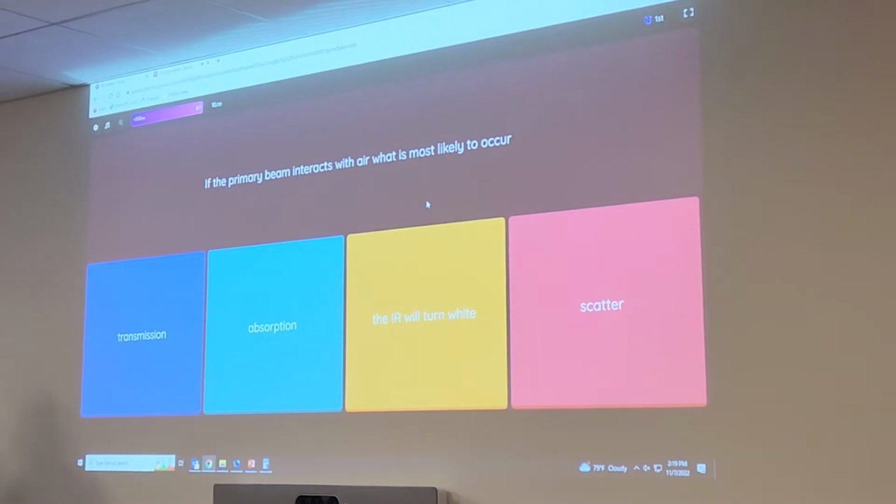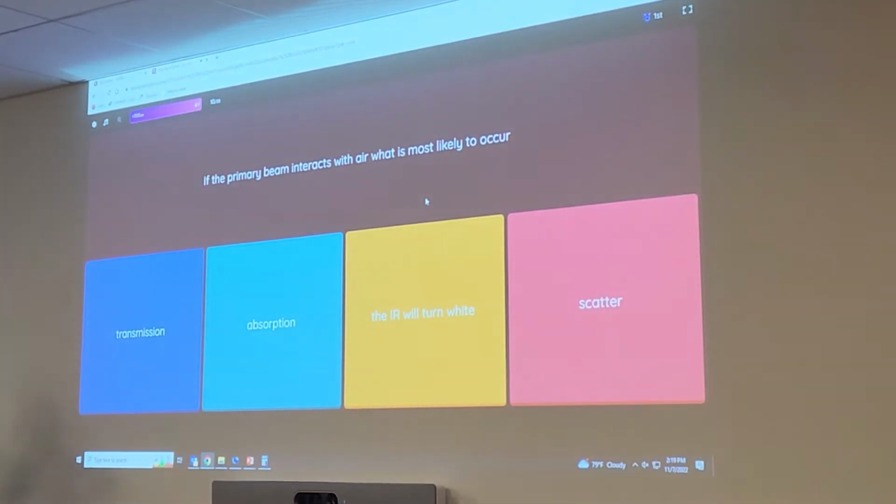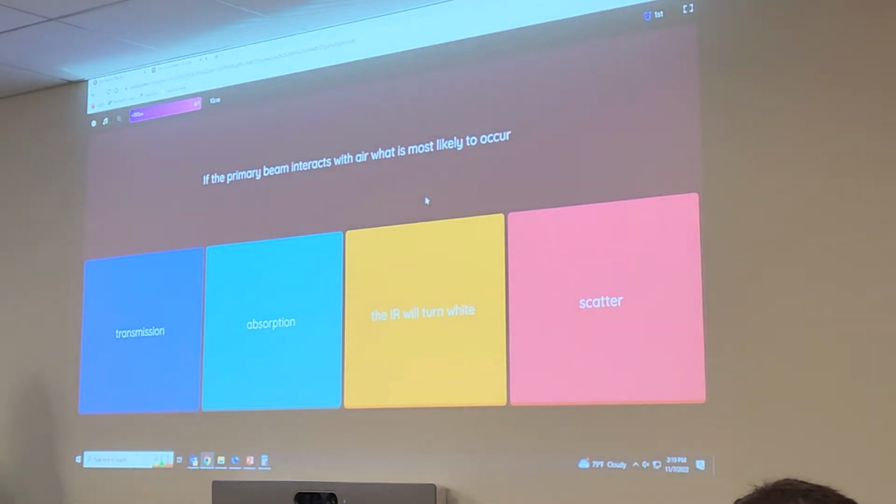If the primary beam interacts with air, what is most likely to occur? If you just look at your answer choices, you can see that three of these four have similarities to each other: transmission, absorption, and scatter.